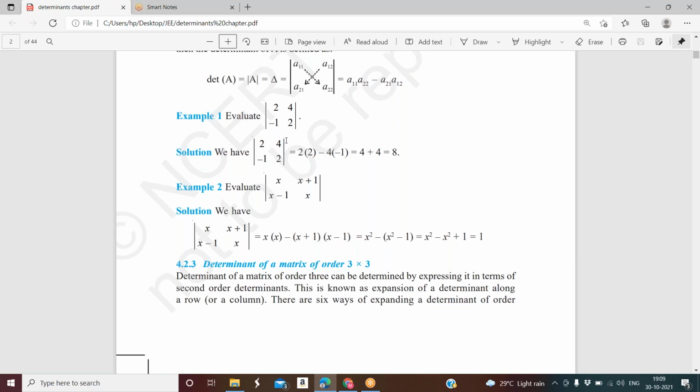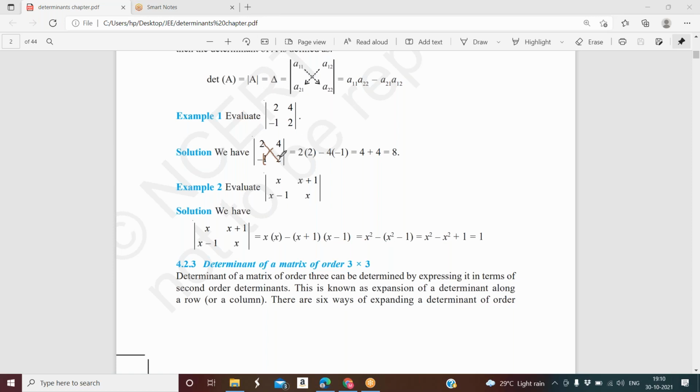So we will be able to find determinant A. A11 into A22, we need to multiply these two elements, minus A12 into A21. You follow this arrow. That is the definition of determinant of a 2 by 2 matrix.